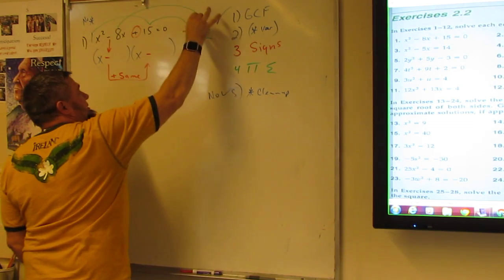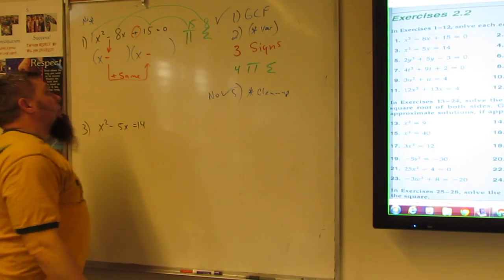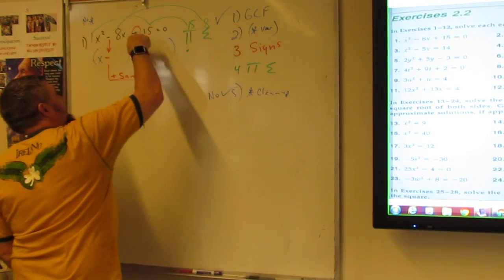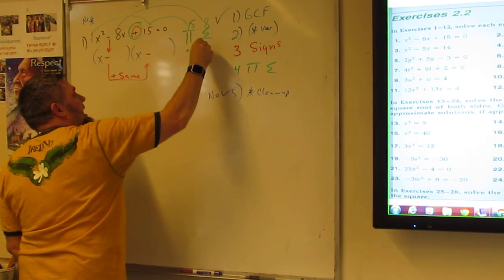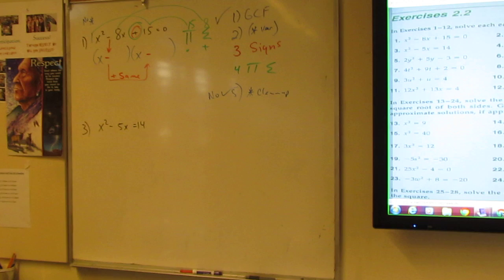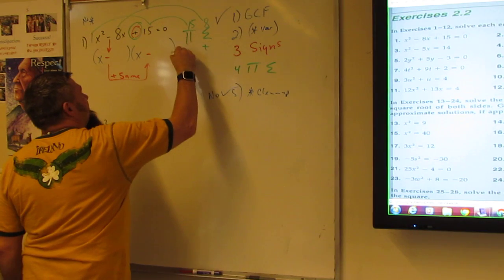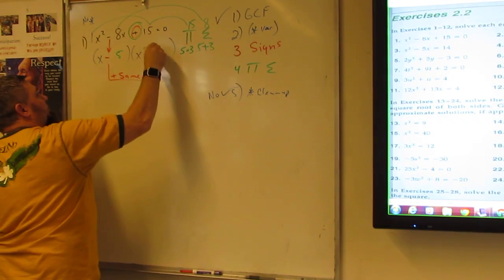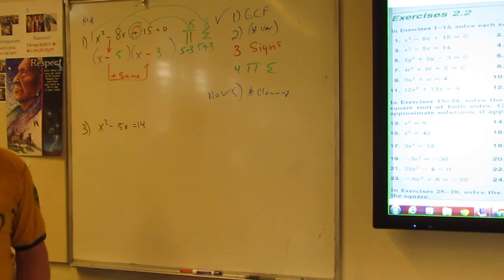And the sum is 8, okay? And so two numbers that multiply to be 15, but they add, guys, add to be 8. So what two numbers multiply to be 15 and add to be 8? 5 and 3. Big number first, okay? Alright.